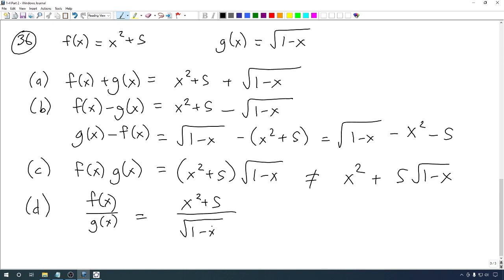That means we have to exclude 1. So the domain here for g and for A, B, and C is from negative infinity to 1, including 1. But for D, we now have to exclude 1, just because we can't divide by 0.